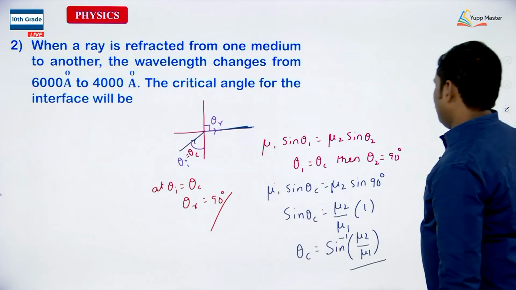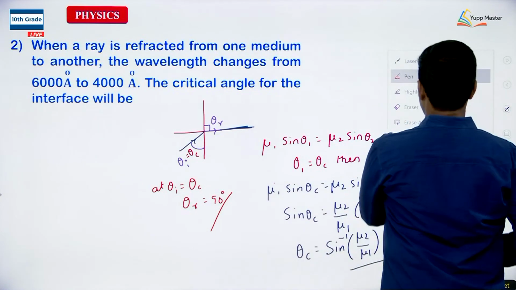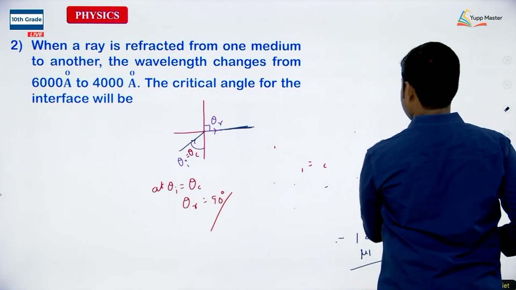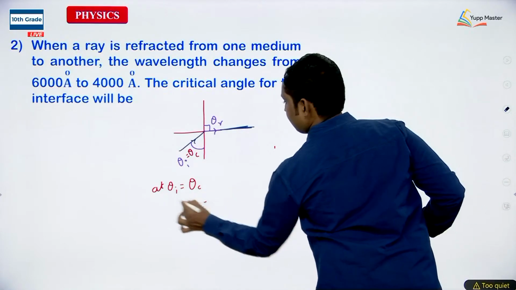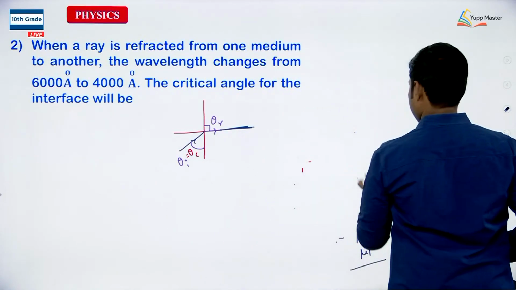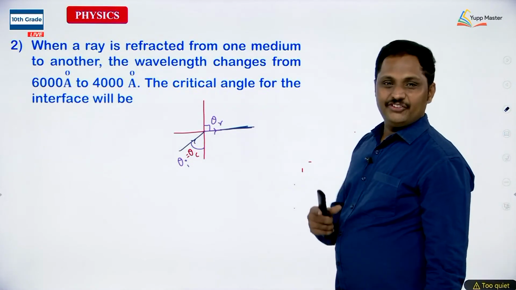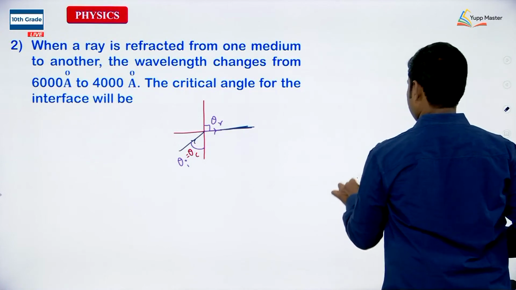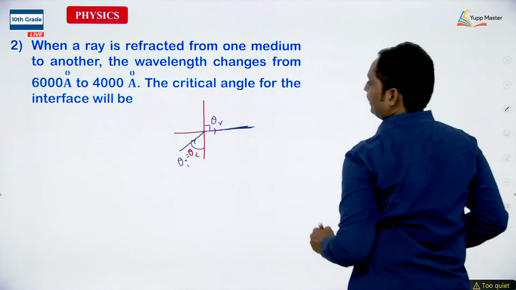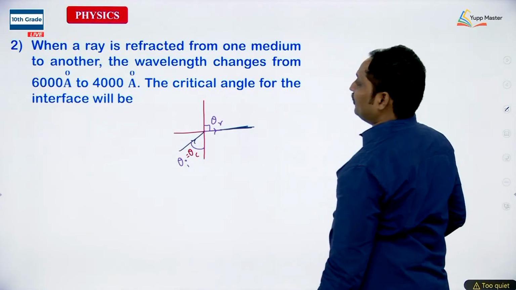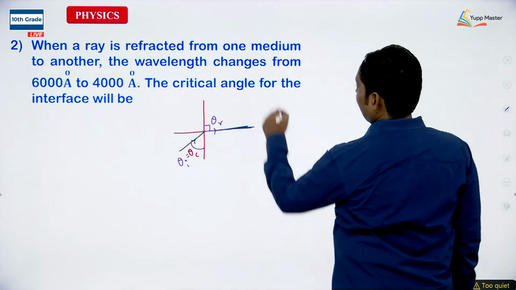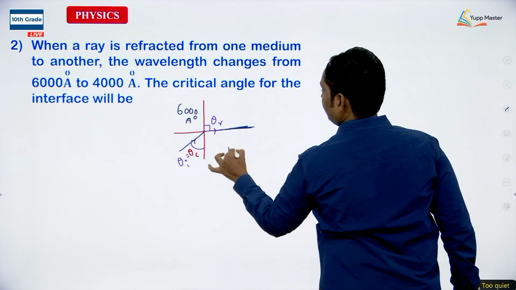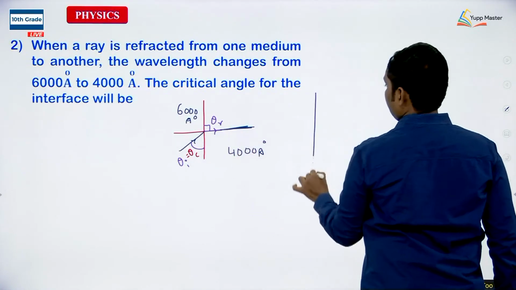Now you can take the given data: light is refracted from one medium to another medium, and the wavelength changes from 6000 angstrom units to 4000 angstrom units.